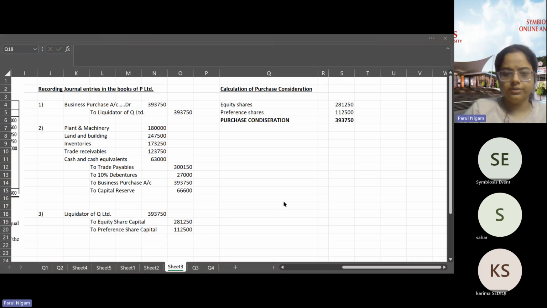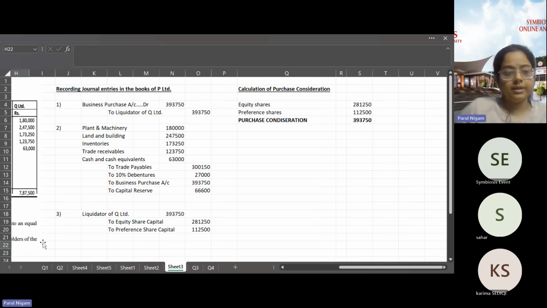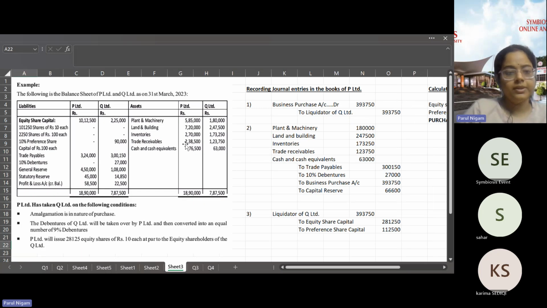Okay, so that's how you're going to issue the purchase consideration. Now, it was decided that when P Limited will take over Q Limited, whatever debentures Q Limited is having, they will be issued equivalent number of debentures in the new company. So, we have to record that as well.